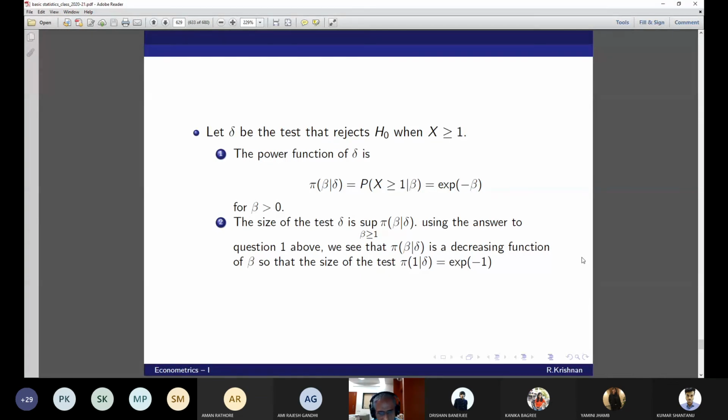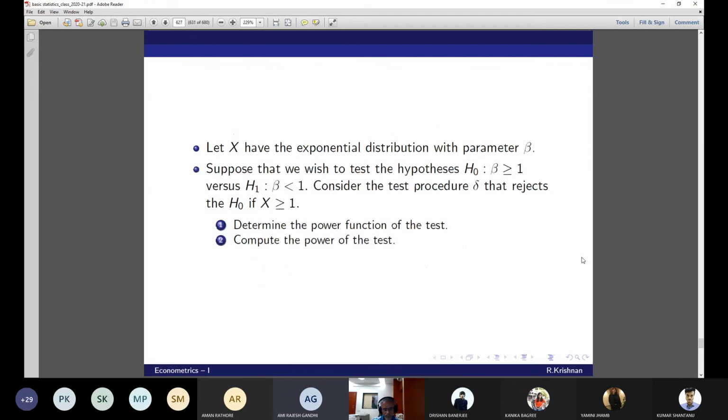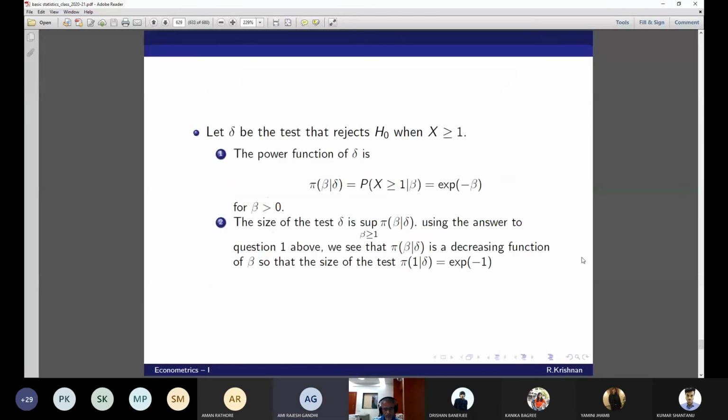It's okay. Rest of the class, is it okay? So the second question was calculate the power of the test. Yeah, power of the test. Very simply the supremum.